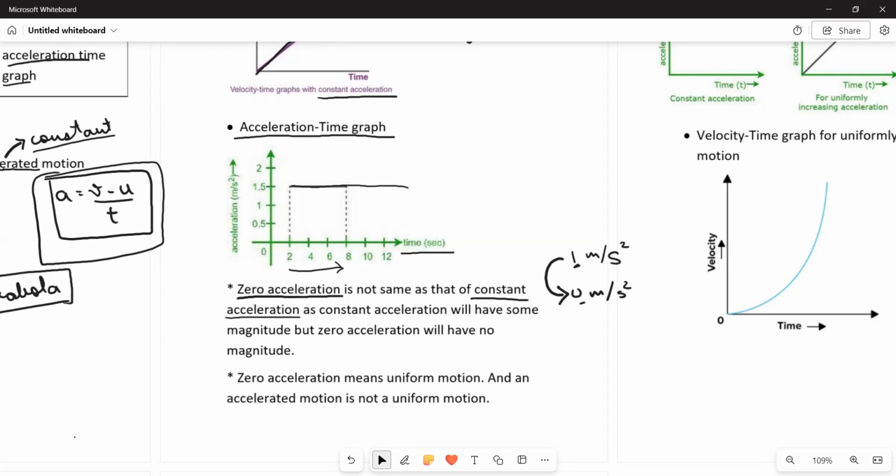So can we say that zero acceleration is also the same as constant acceleration? But it is not going to happen.